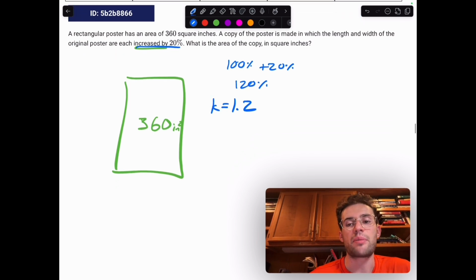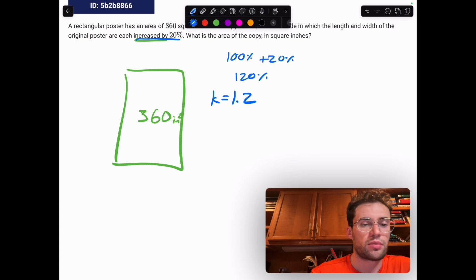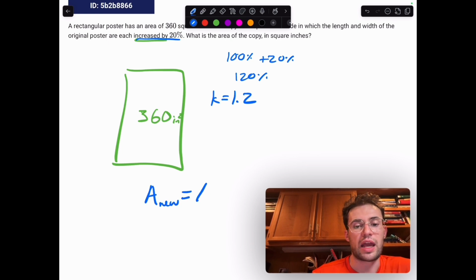What is the area of the copy in square inches? Well, it doesn't matter what the sides were for this. You're just multiplying it by the scale factor squared. So the area of the new one is equal to the area of the original times the scale factor squared.